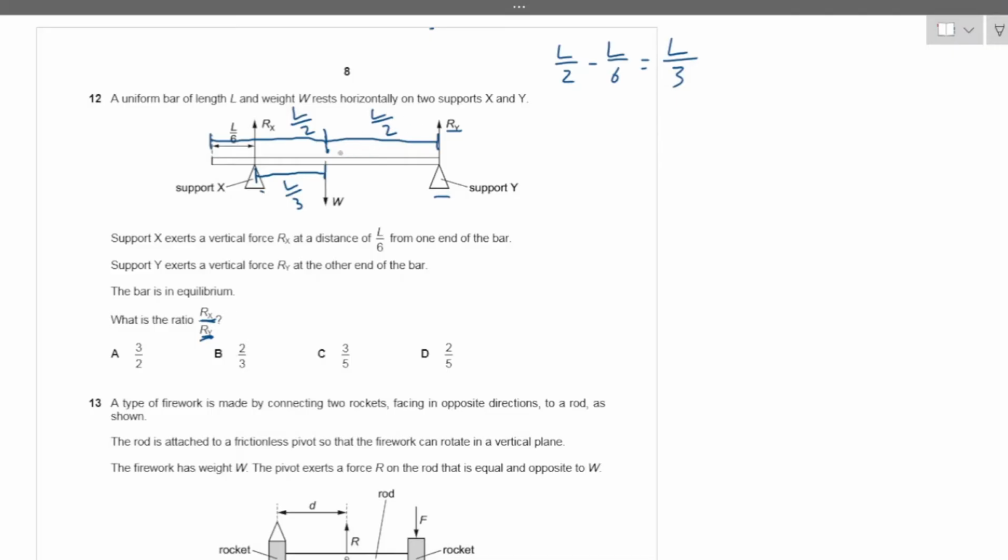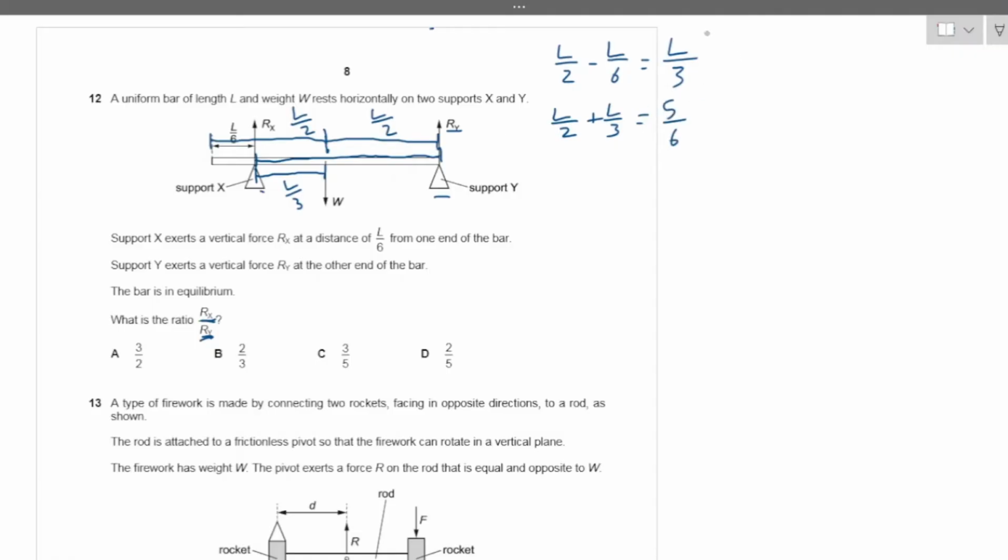So L by 2 plus L by 3 would give us the distance of Ry from support X. That is 1 by 2 plus 1 by 3, and that would give us 5 by 6.